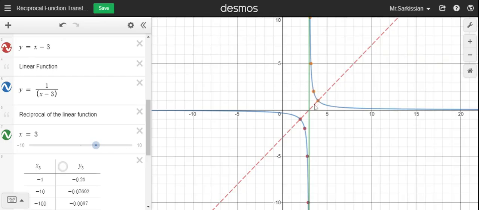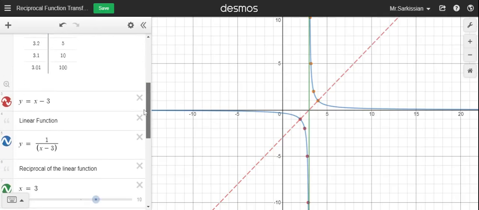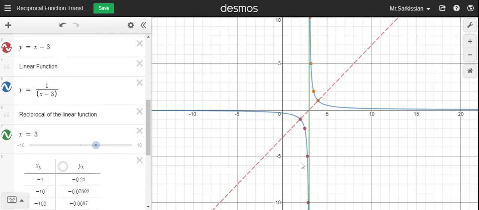So if x approaches 3 from the right-hand side, or from the left-hand side, the value of y either becomes extremely large, so the graph approaches positive infinity, or the value of y becomes extremely small, as we saw in the table of values, negative 1,000, and the graph approaches negative infinity. So that shows the behavior of the graph in the neighborhood of its vertical asymptote.